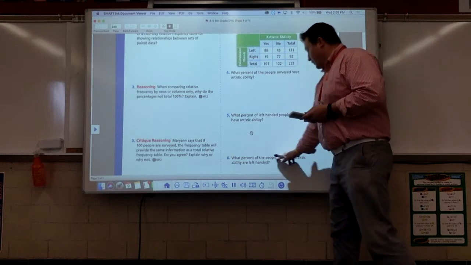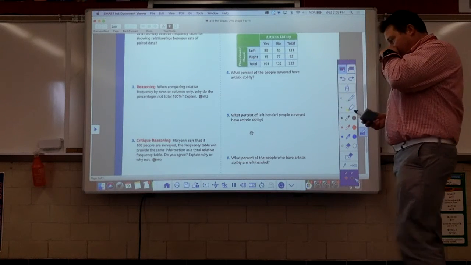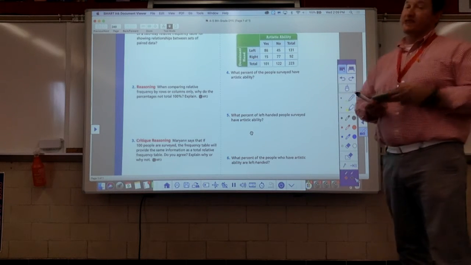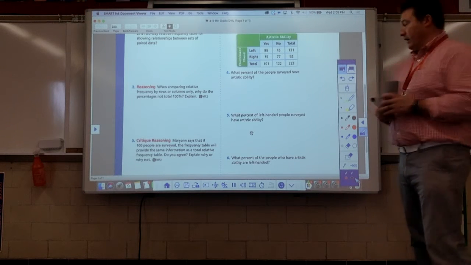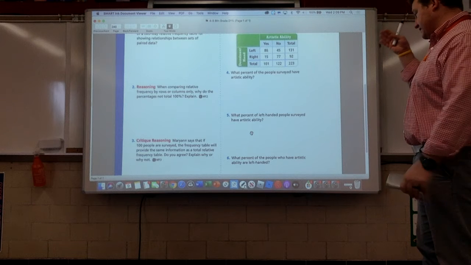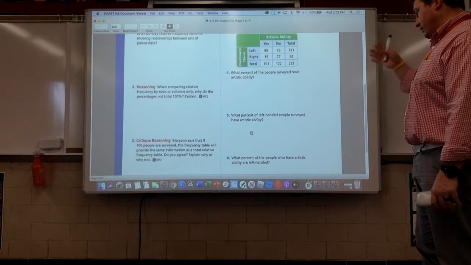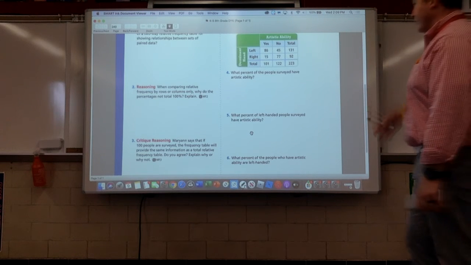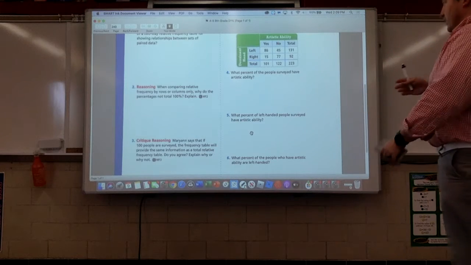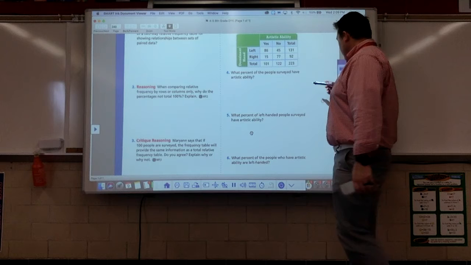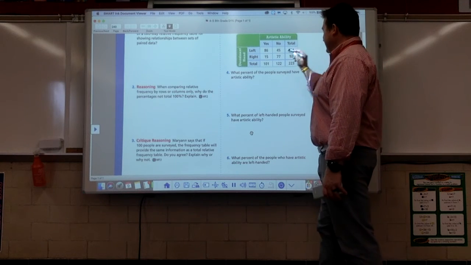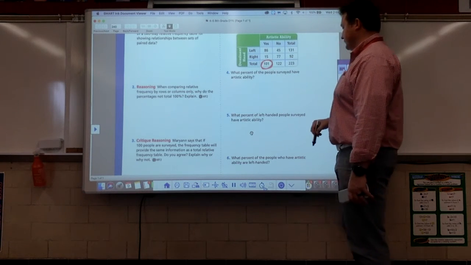Last one. What percent of the people who have artistic ability are left-handed? Okay, so find the number that means people who have artistic ability. Where is the total number of people who have artistic ability? Circle it. I'm going to go right here, 101.